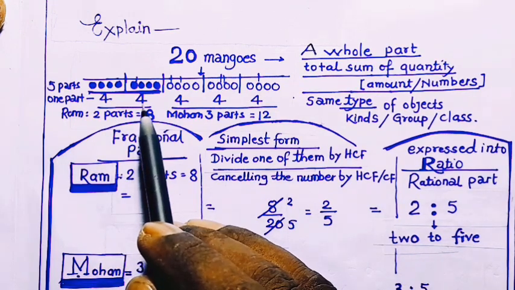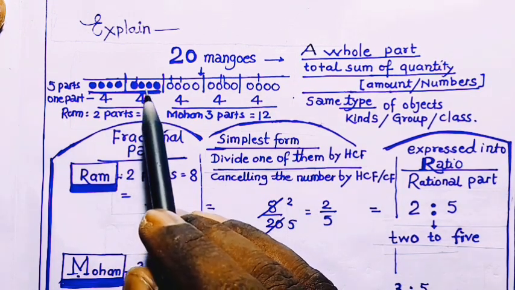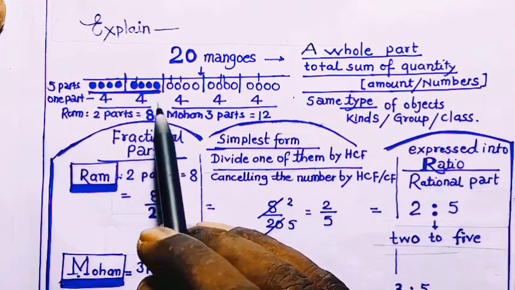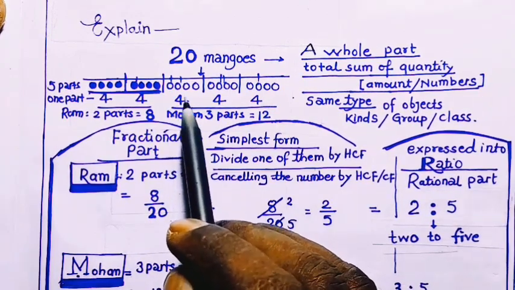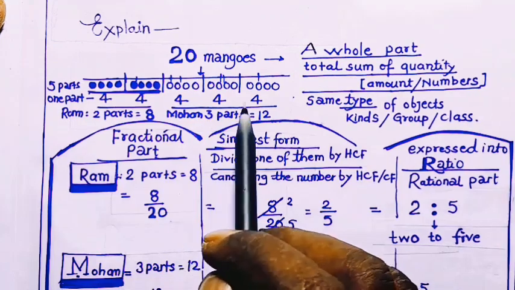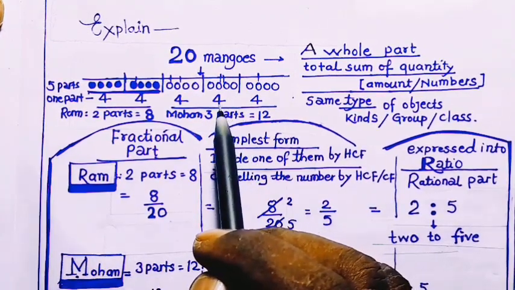The second part also has 4 mangoes. Similarly, all the parts have the same number of mangoes.